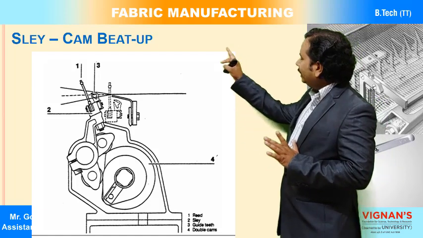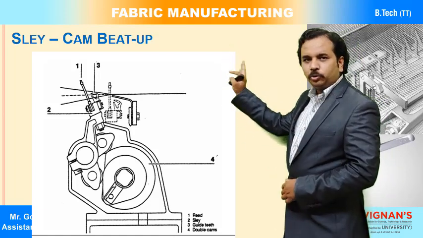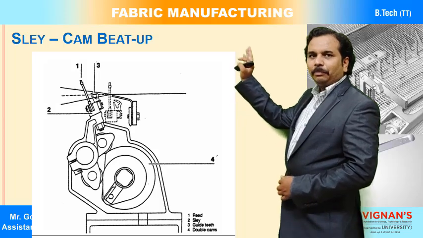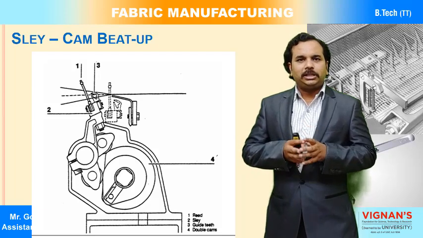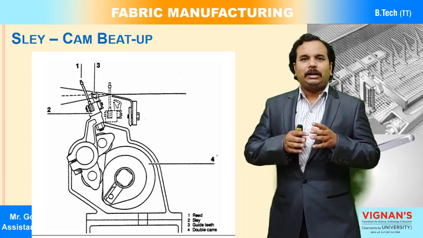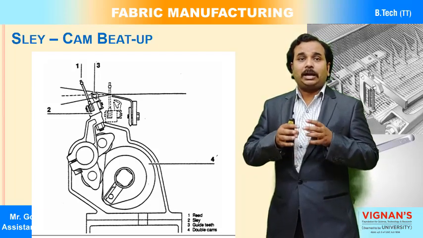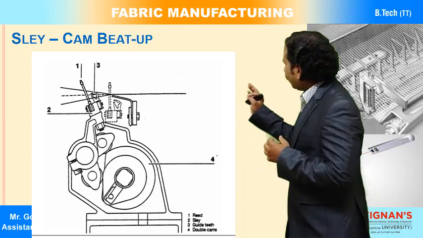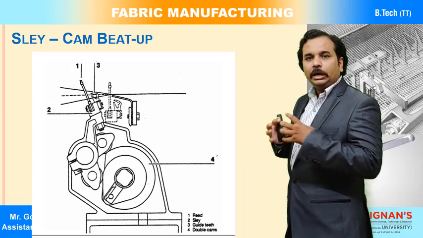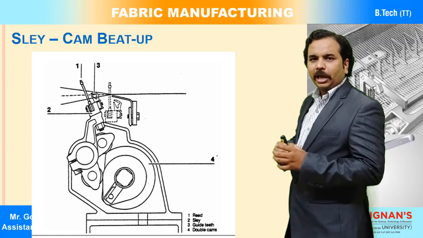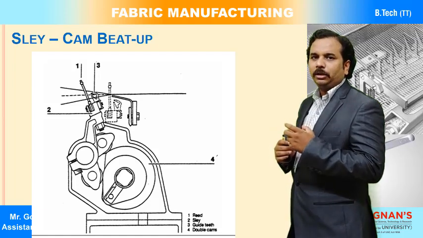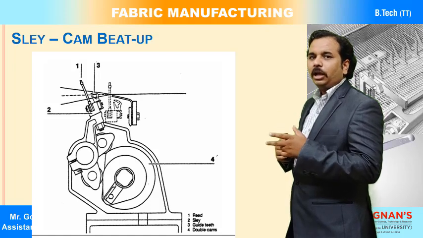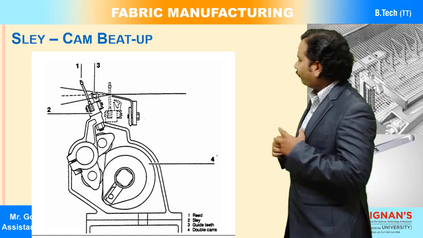One is called the reed. The second part is called the sley. Part 3 is called the guide teeth, and the fourth one is called the double cams. There is a shaft, and on the shaft we have double cams. These double cams give the motion to the sley or the sley sword with the help of the followers.